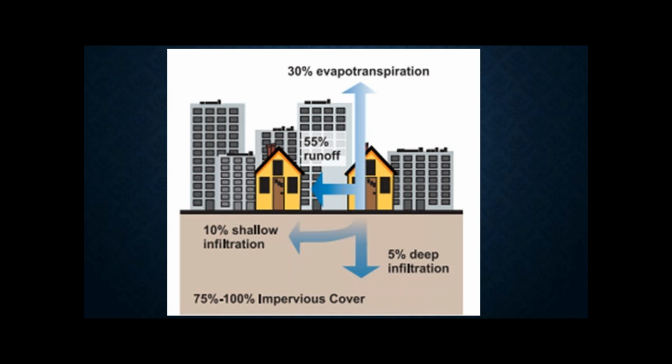You may wonder why more of this water does not dissipate into the atmosphere through evaporation. This is because the collection of water begins moving almost immediately to other bodies of water. So as we can see here in the image, 30% of the water evaporates, and then 55% of the water begins traveling towards streams, or traveling along storm drains into other bodies of water.